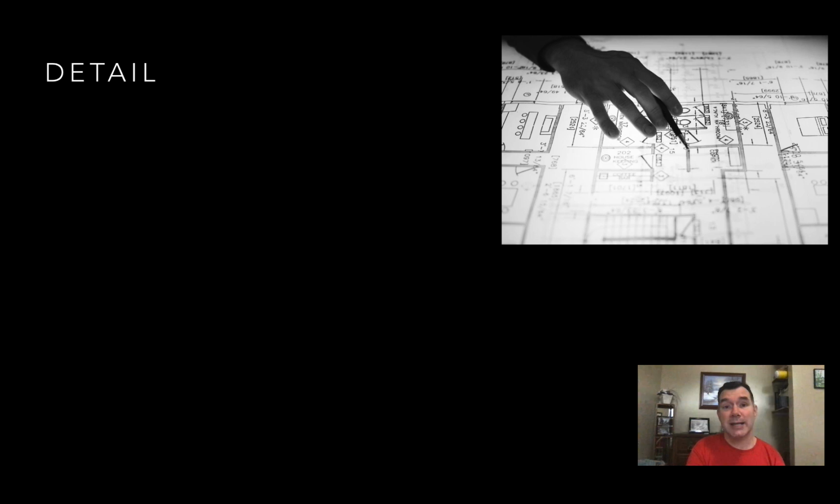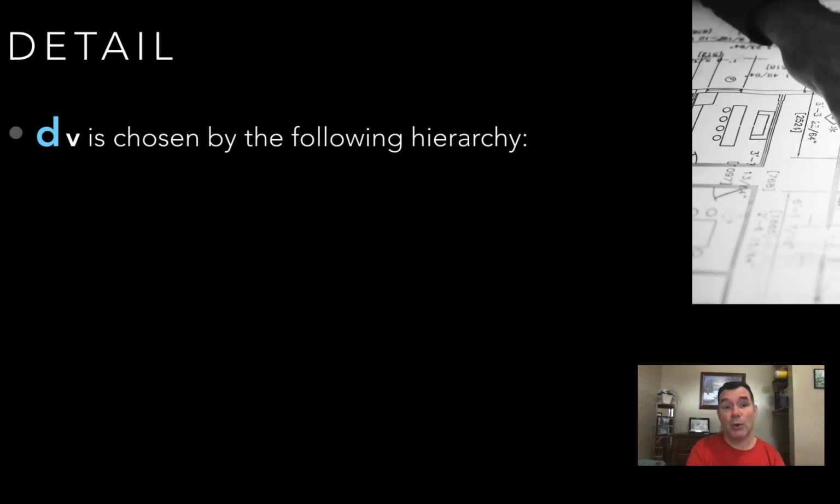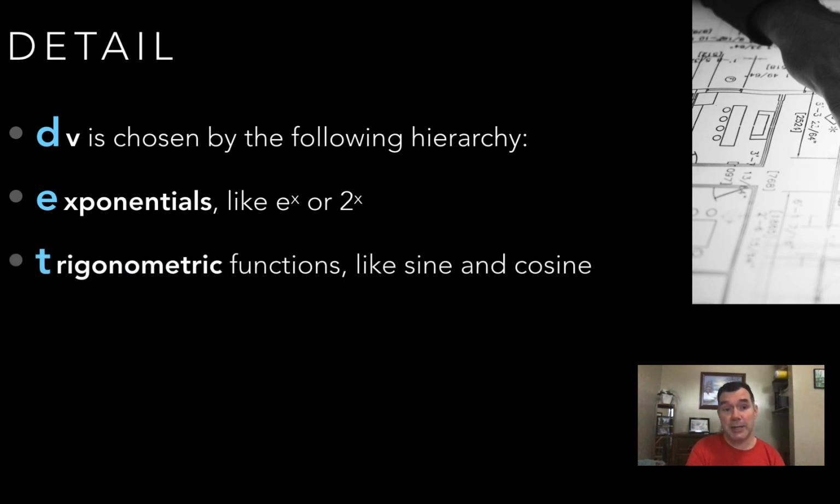So what I do is I use an acronym, a little mnemonic device called DETAIL, and here's how it works. I'm going to choose dv first, and then whatever I don't choose as dv, that is going to be my u. So dv is chosen by the following hierarchy. If I see an exponential function, that is going to be my dv, and the other part will be my u. If I don't see an exponential, then I will look for a trigonometric function, and that will be my dv, and the other part will be my u.